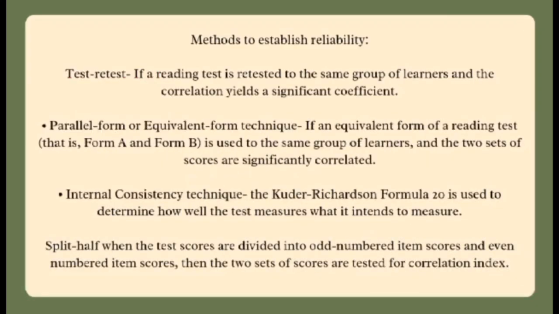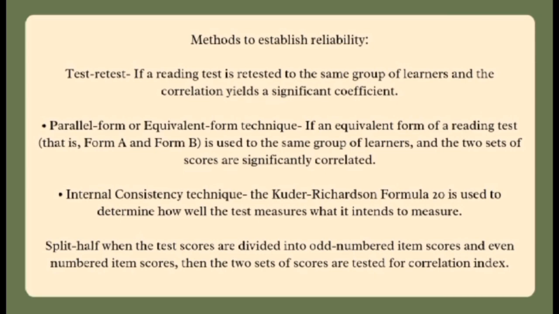Methods to establish reliability. First is test-retest. If a reading test is given again to the same group of learners and the correlation yields a significant coefficient.